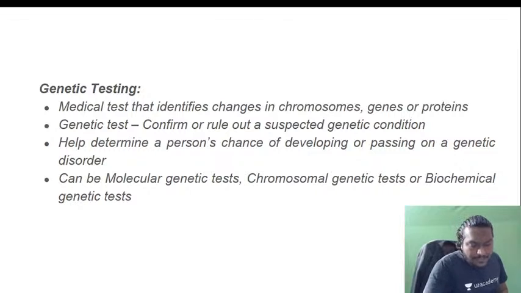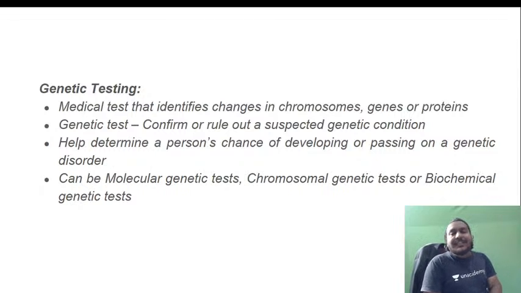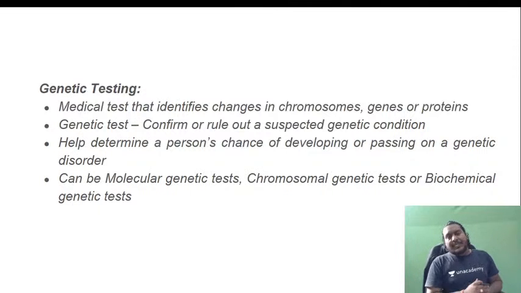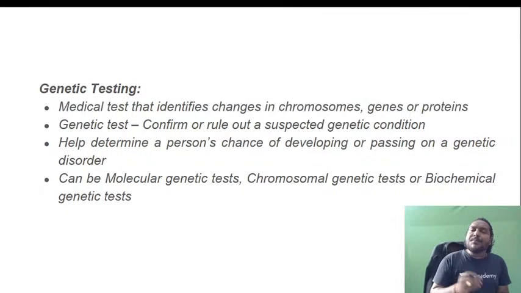Then we have genetic testing. See how we do a genetic test, the gene test we could say. It could tell me about the changes in the chromosomes of people, the changes in the proteins of people or the genes of people.